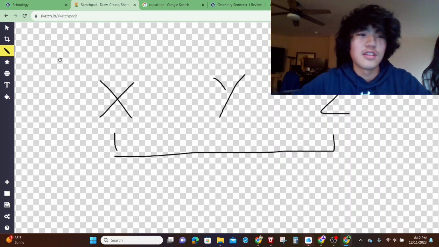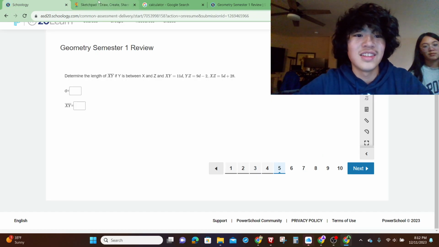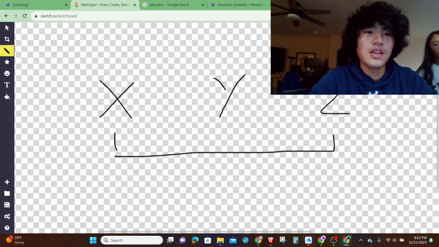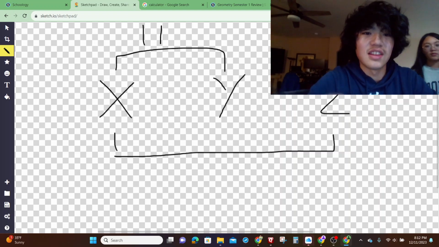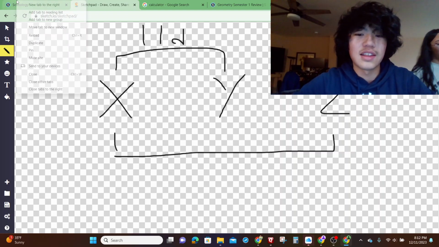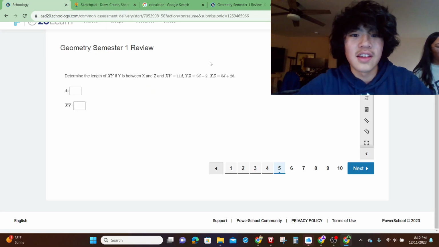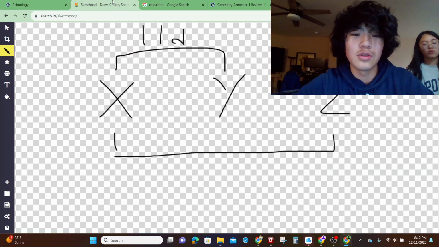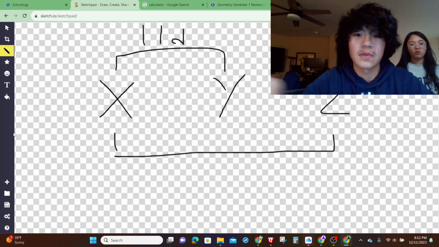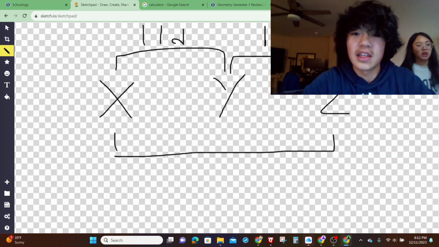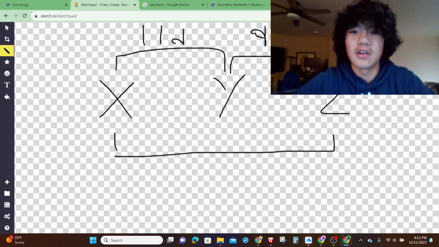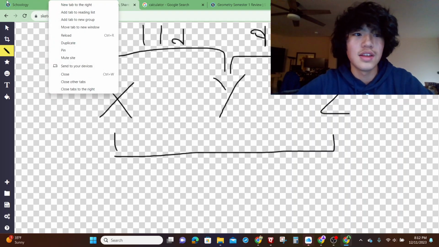Alrighty. So what's given is that XY equals 11d. So we already know that this is 11d. And let's see what else they give us. They say YZ equals 9d minus 2. Alright, so that's what's given to us.